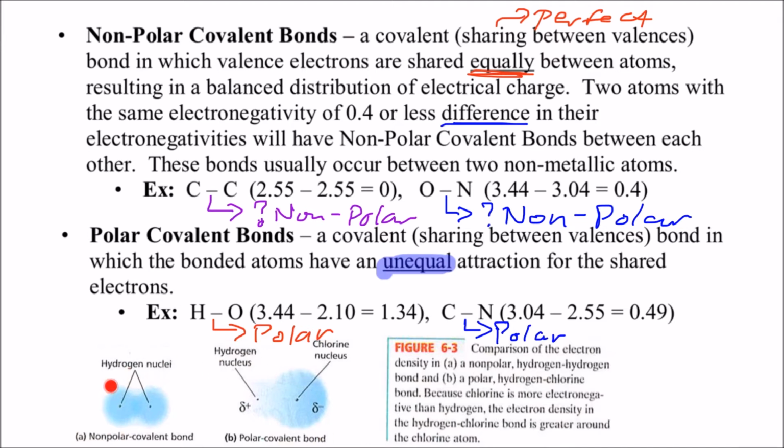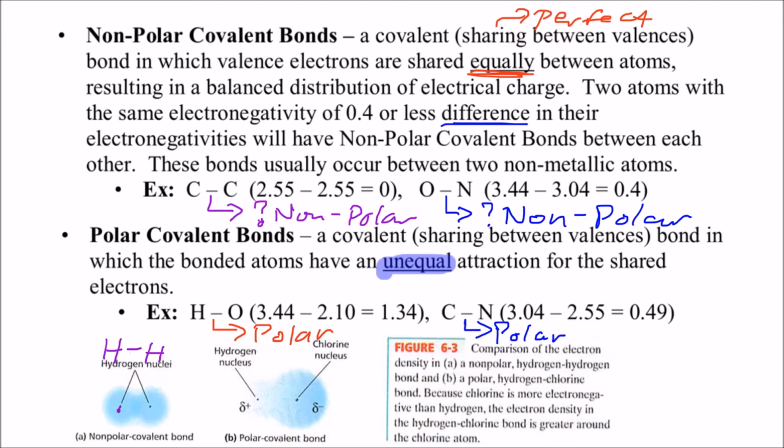Here's kind of a picture of what those two situations look like. Here's a nonpolar sharing. See our cloud of electrons here? Notice how they're equally spread out over the two hydrogen nuclei. This is two hydrogens that are bonded to each other, okay?